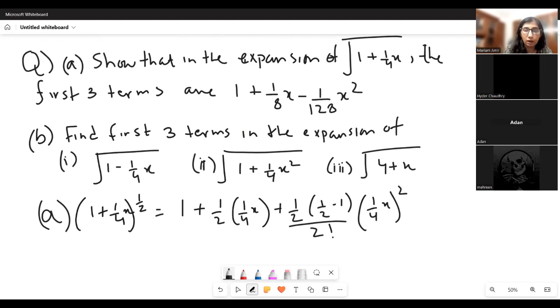So this would be half plus 1 over 8, and just quickly confirm that all these values multiplied and divided give us minus 1 over 128. Let's see. Half times bracket half minus 1 times 1 by 16 divided by 2 factorial, which is giving me minus 1 by 128.